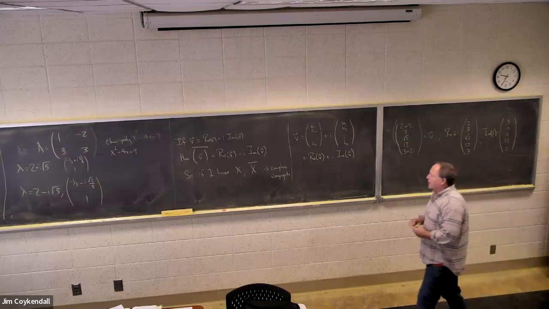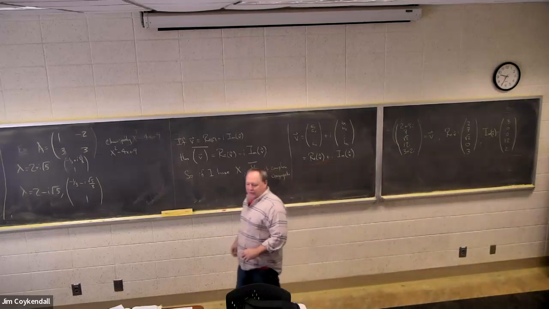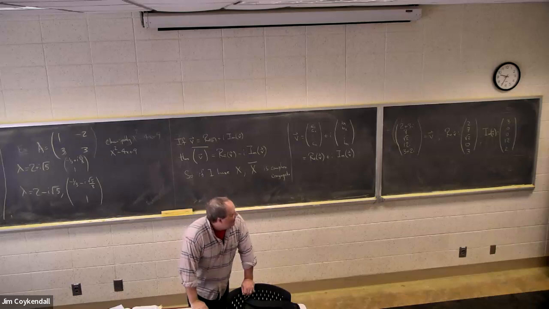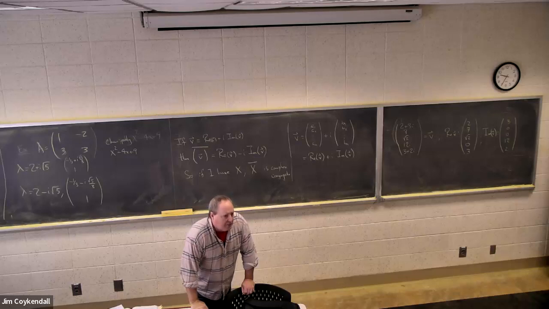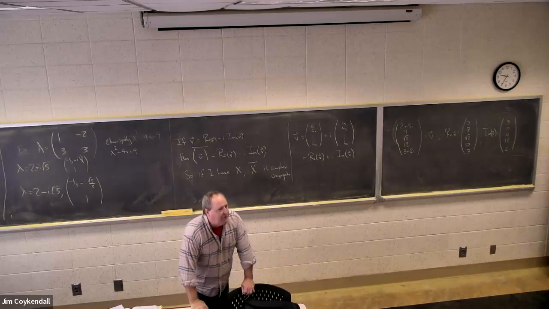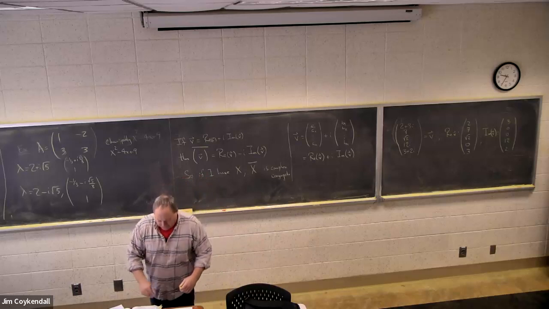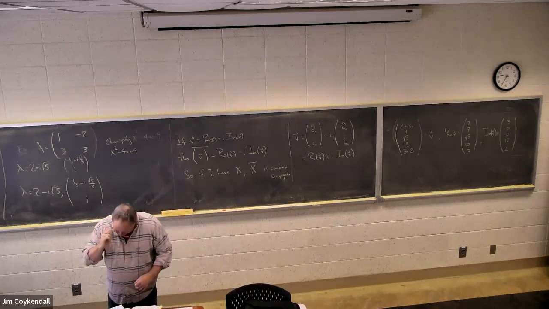Let me ask you this. What happens if I take the complex conjugate of a matrix that has all real numbers as its entries? It doesn't change anything, does it? Because the complex conjugate of a real number is just that same number, because it has zero imaginary part.